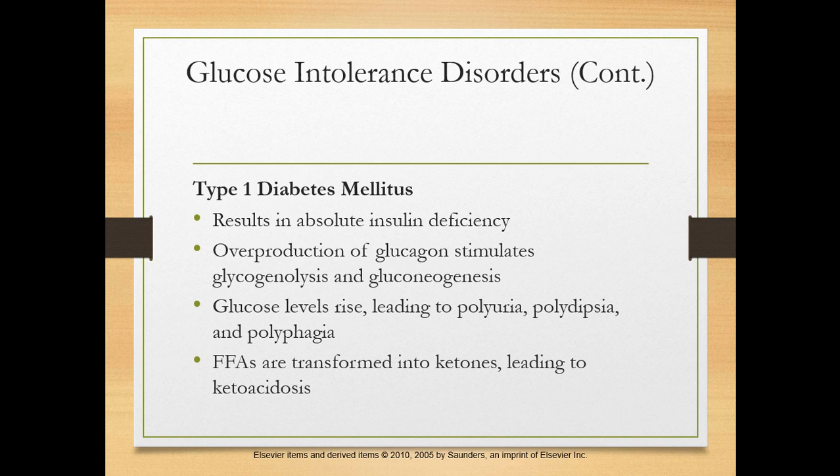So we also have free fatty acids that are transformed into ketones, leading these patients into ketoacidosis. The issue here is that as the glucose levels rise, free fatty acids will start to elevate as well, kind of part of the situation. Once the free fatty acids continue to linger in the bloodstream, they will turn into ketones.